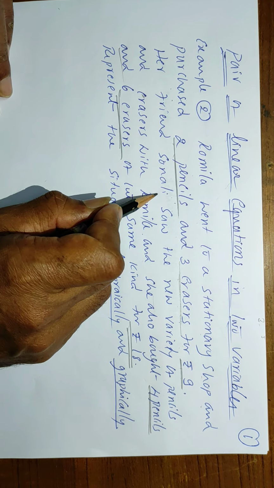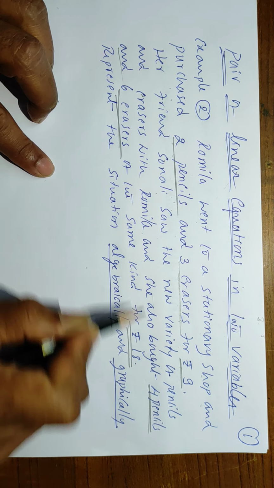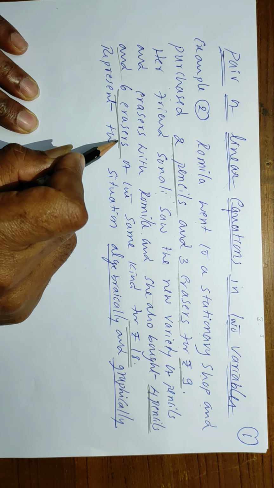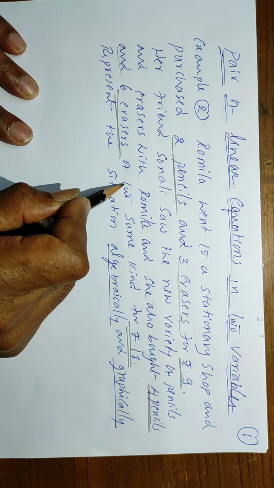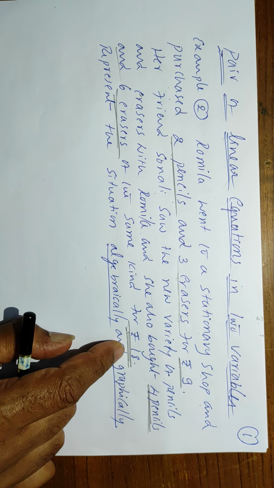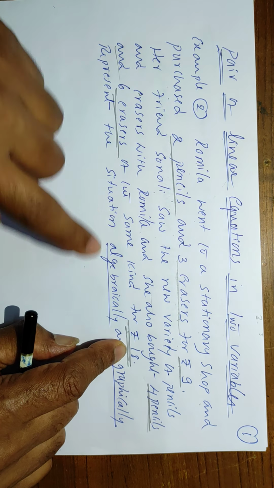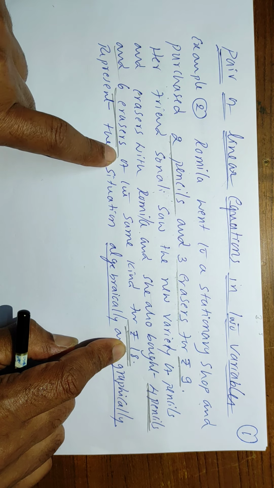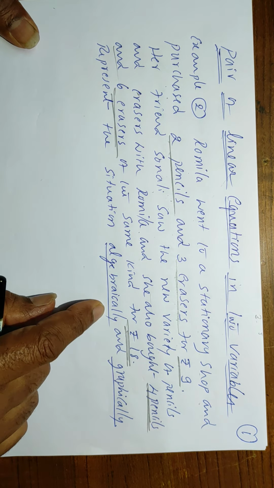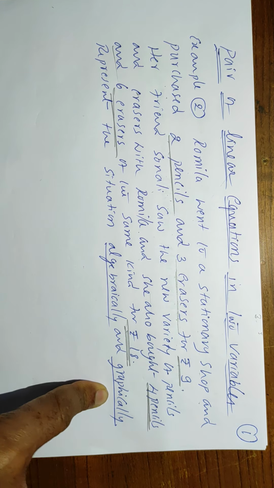Her friend Sonali saw the new variety of pencils and erasers with Romila, and she also bought 4 pencils and 6 erasers of the same kind for rupees 18. So the total cost of 4 pencils and 6 erasers for Sonali is rupees 18. Represent the situation algebraically and graphically.